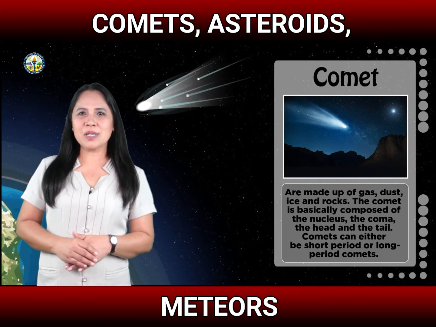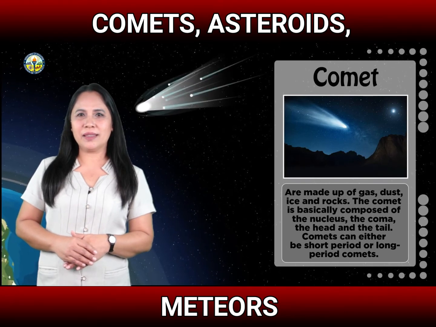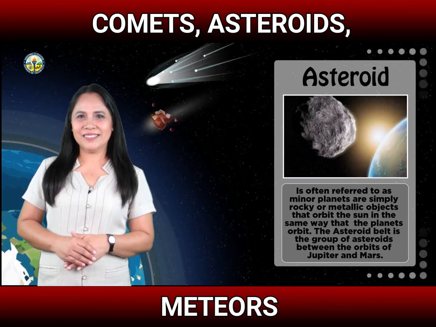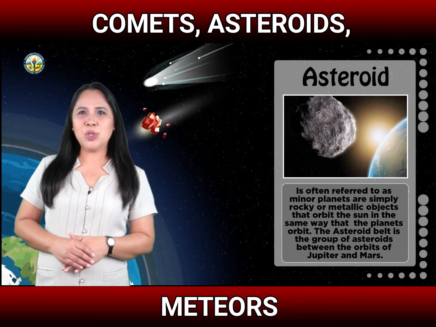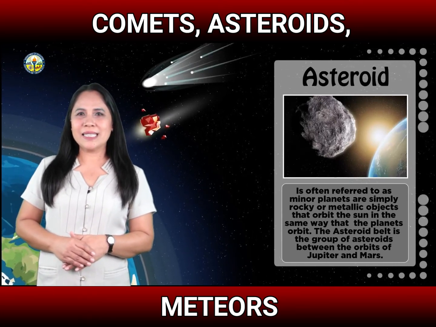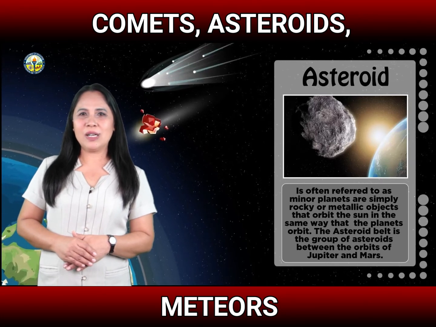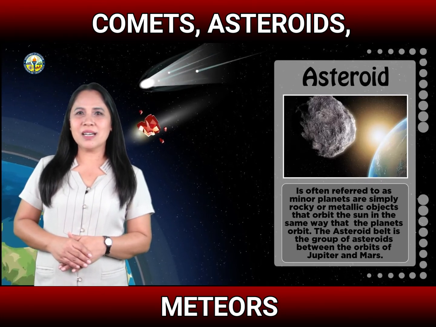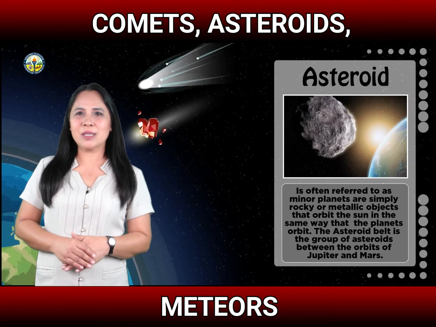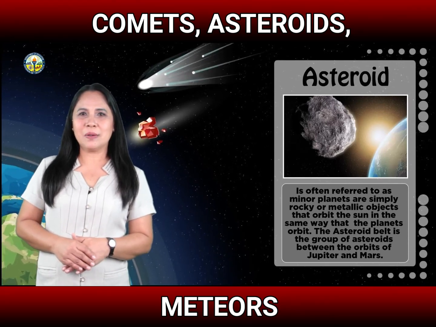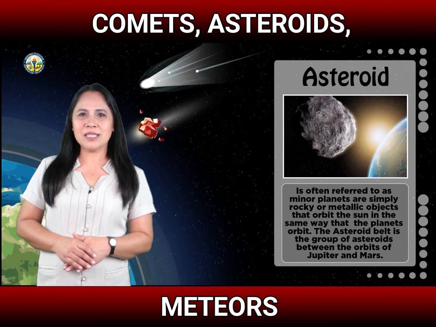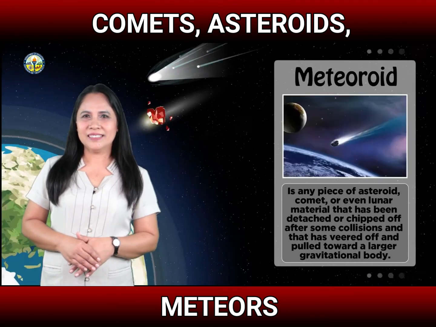The most famous comet of all is Halley's Comet. Asteroids, often referred to as minor planets, are simply rocky or metallic objects that orbit the sun in the same way that planets orbit. The asteroid belt is a group of asteroids between the orbits of Jupiter and Mars.